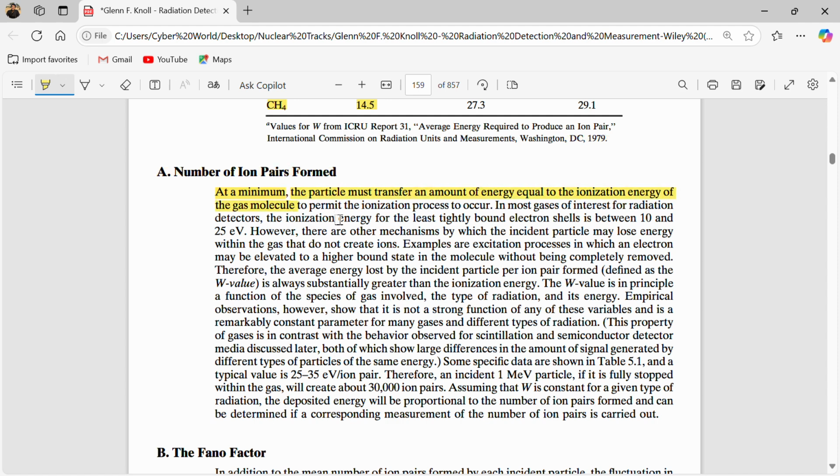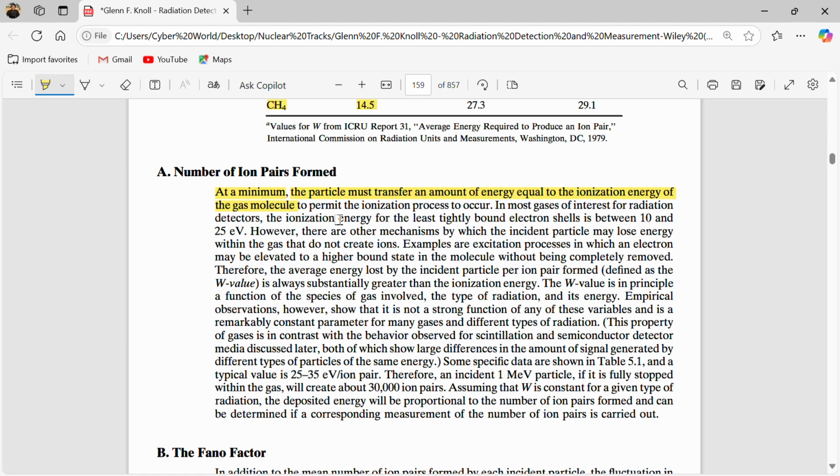If the incoming particle does not have enough energy to ionize, the gas remains neutral. So the minimum amount of energy that the particle must transfer is equal to the ionization energy of the gas molecule.